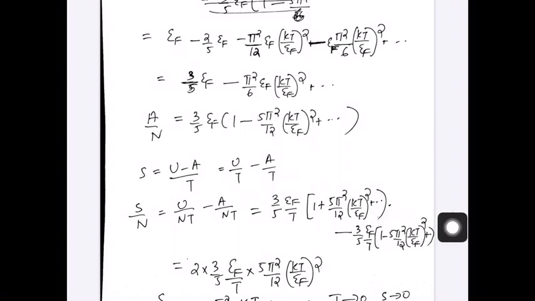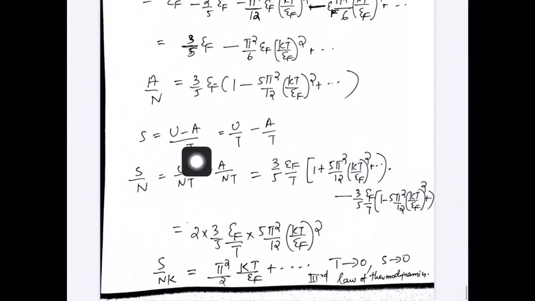Now we find the entropy. Entropy is U minus A by T, and S by N is U by NT minus A by NT.